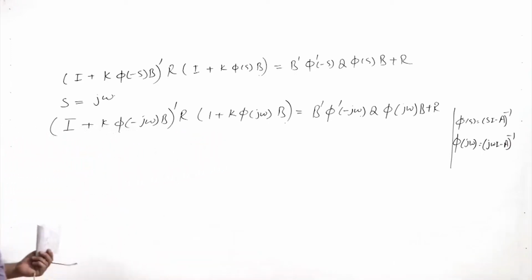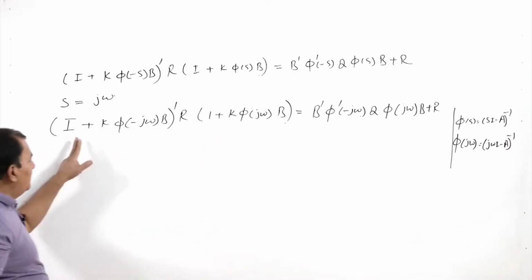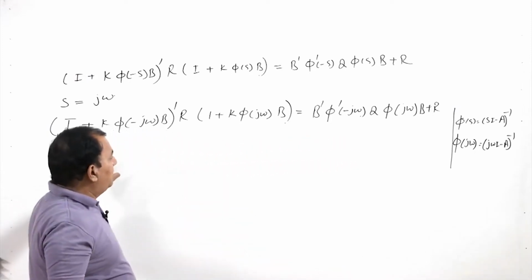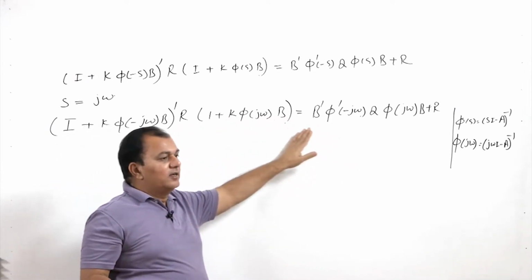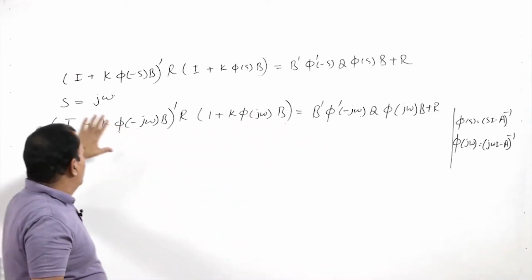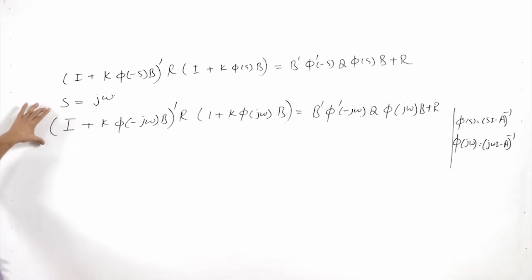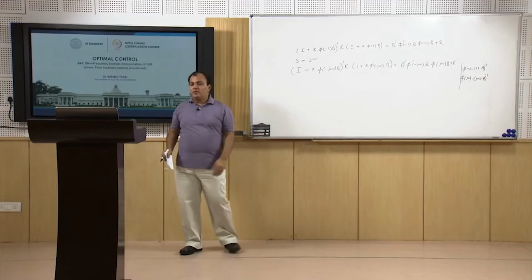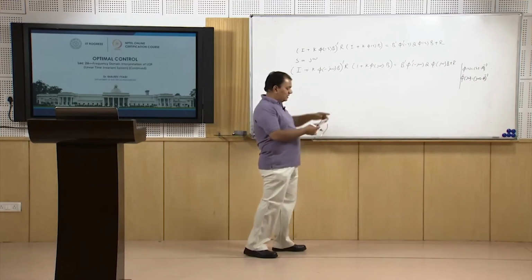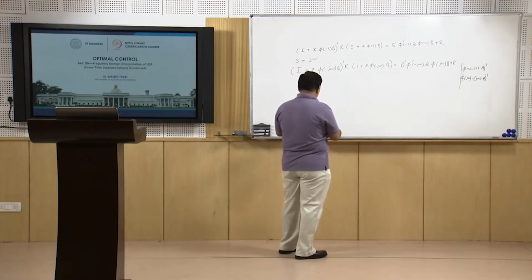What will I have if my s is replaced by jω? My left hand side and the right hand side are nothing but complex quantities, and these will have a magnitude and a phase. In terms of the magnitude and the phase, we can represent our left hand side and the right hand side.